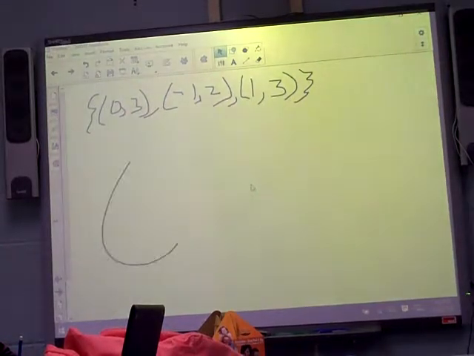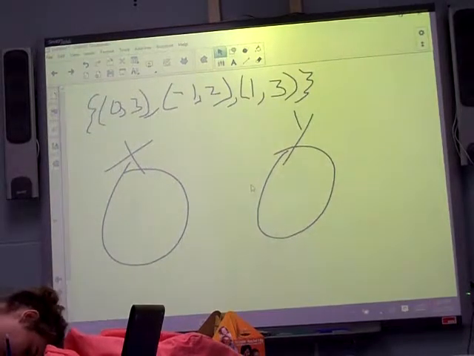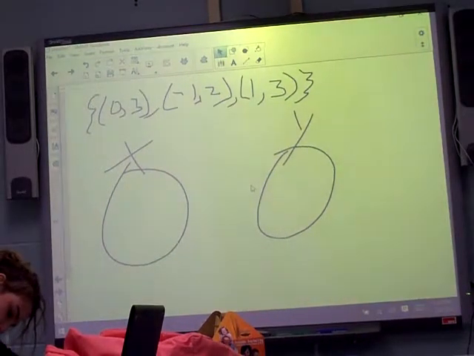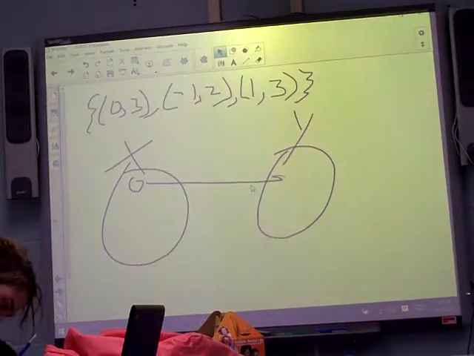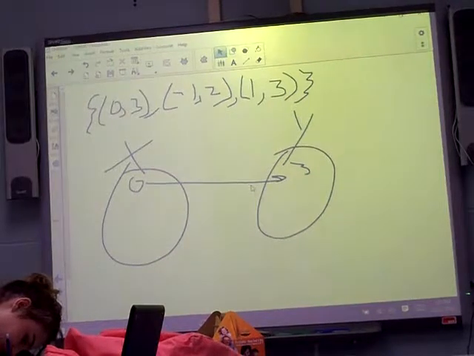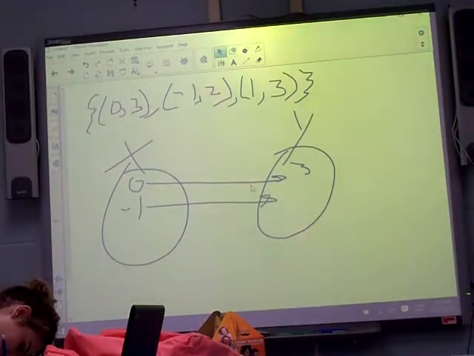So I'm going to make a bag to put my x's in, and a bag to put my y's in. The first ordered pair has an x of 0, and it goes to a y of 3. The second has an x of negative 1, and it goes to a y of 2.